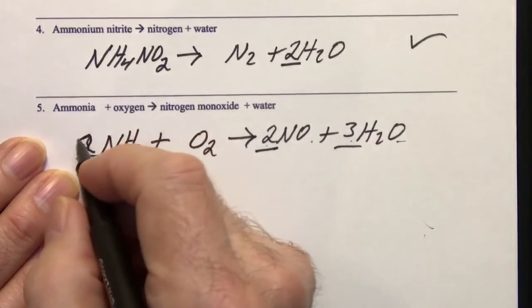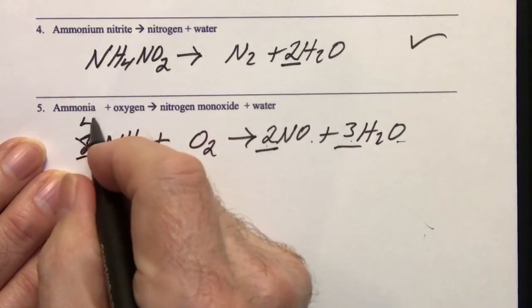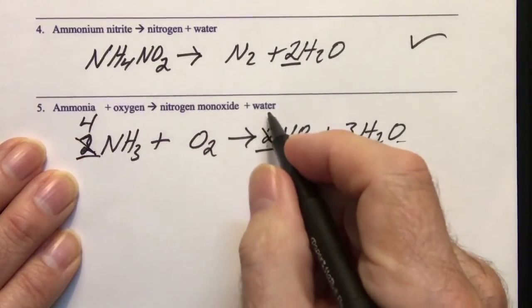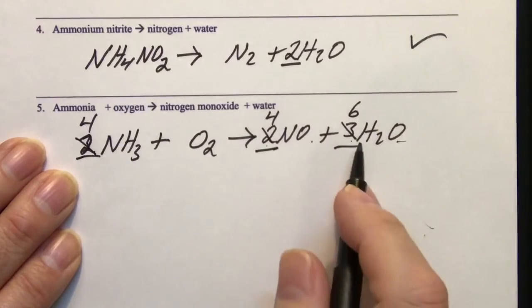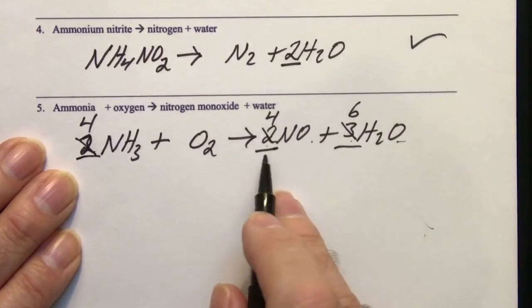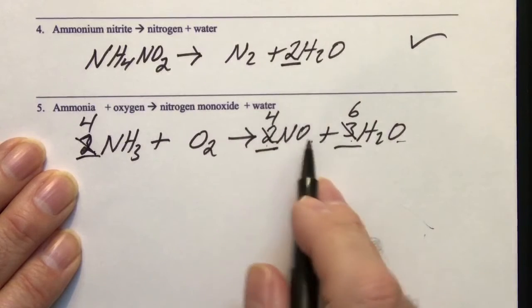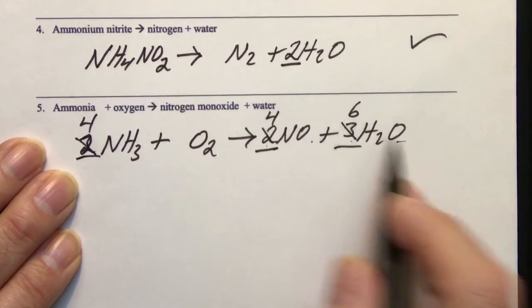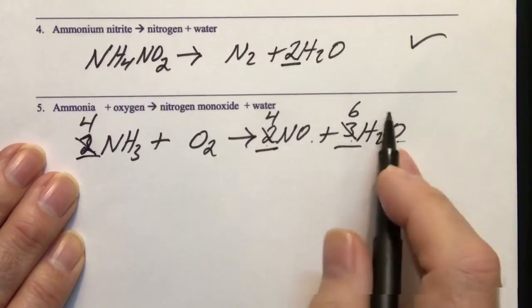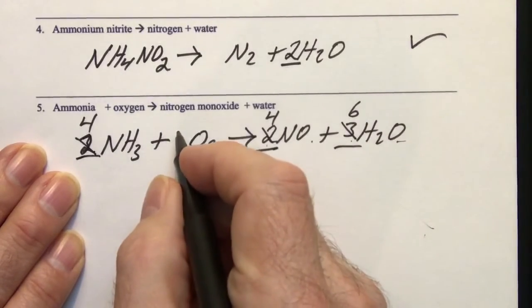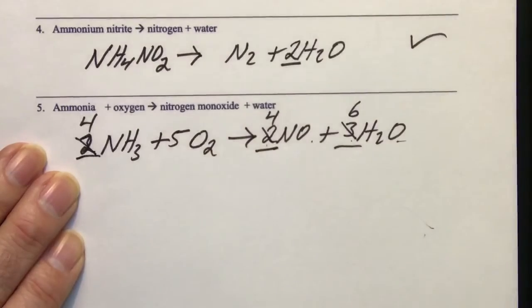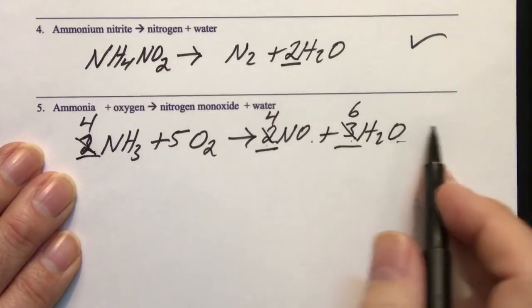So if I just go back and make this a 4, make this a 4, and make this a 6, we can now balance the oxygen. On the product side, I have 4 oxygens plus 6 oxygens. That gives me 10 oxygens, which means that I can get 10 oxygens by putting in a 5 here. Now don't leave an equation looking like that.